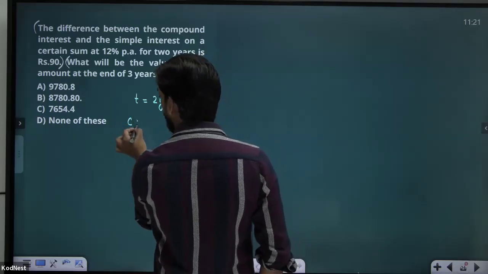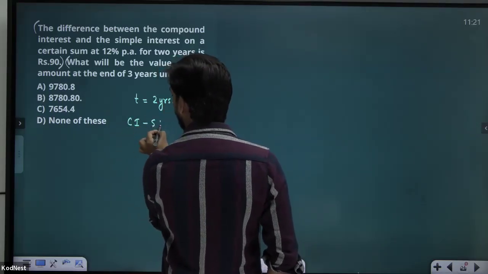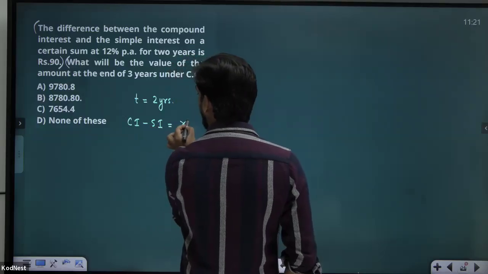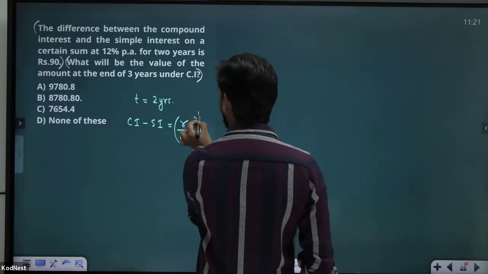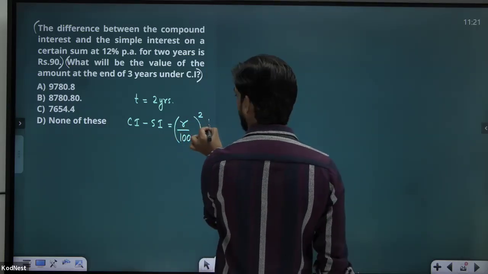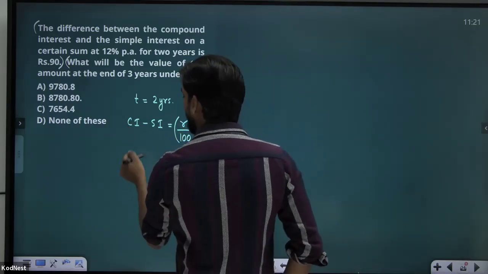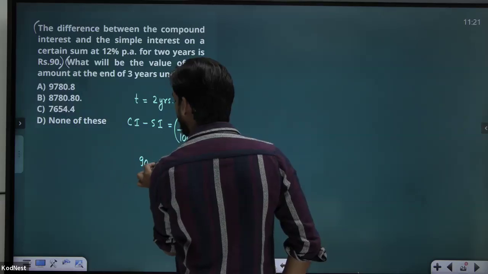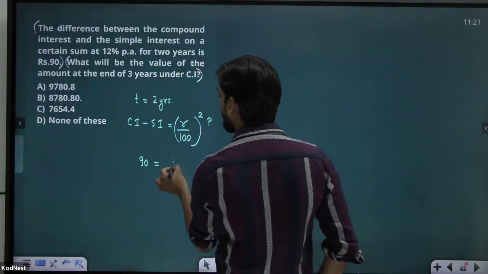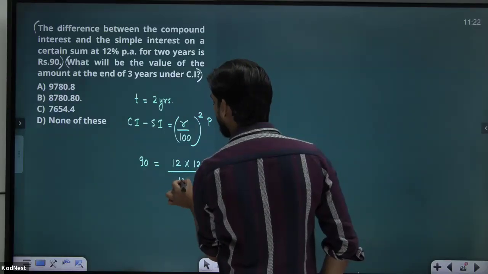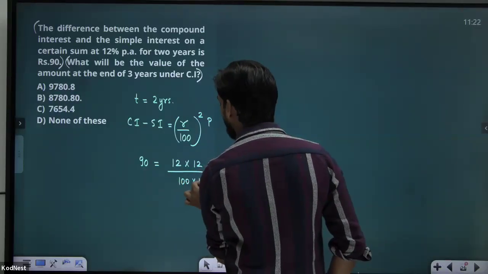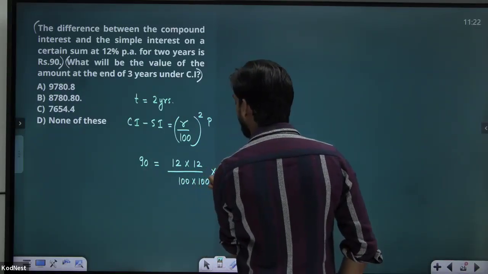So CI minus SI equals (R by 100) whole square into P. CI minus SI is given as 90. Rate of interest is 12. So 12 into 12 by 100 into 100 into P.